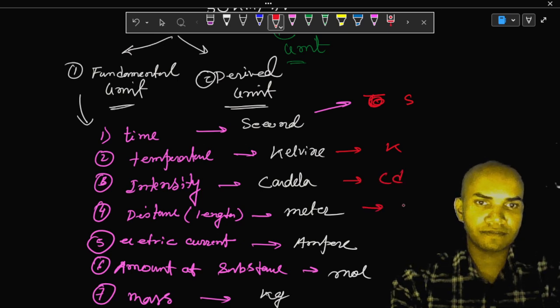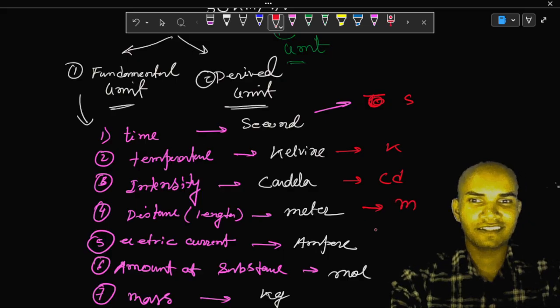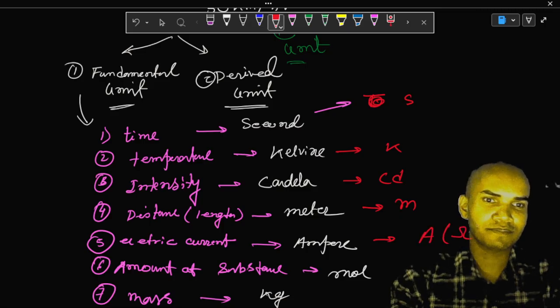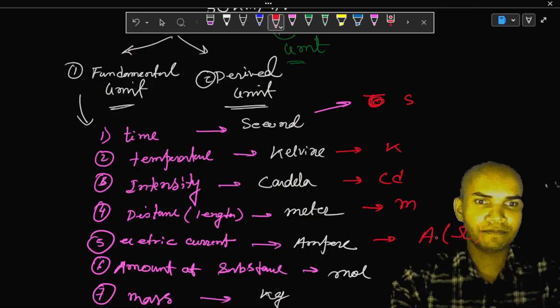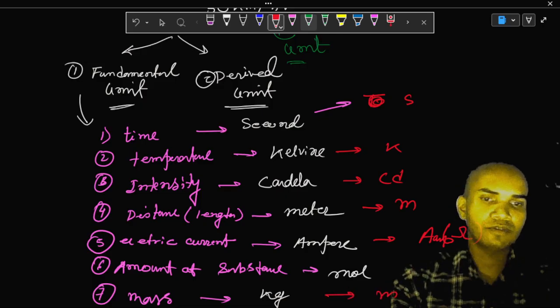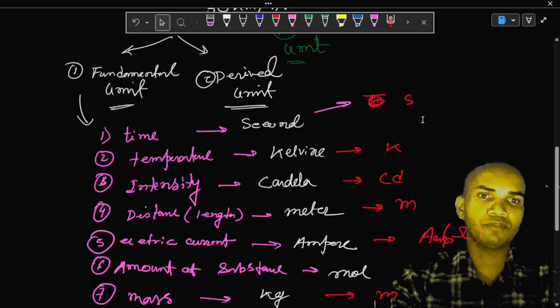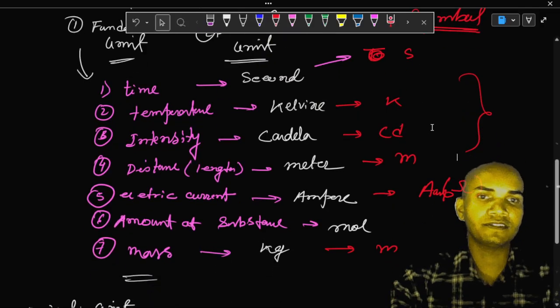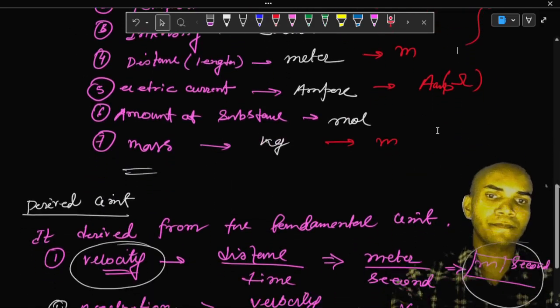Distance is meter. Electric current is ampere, A. Mole is mole, and mass is kg. These symbols will help you in the upcoming derived unit section.